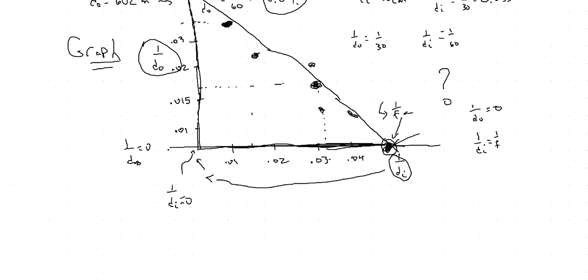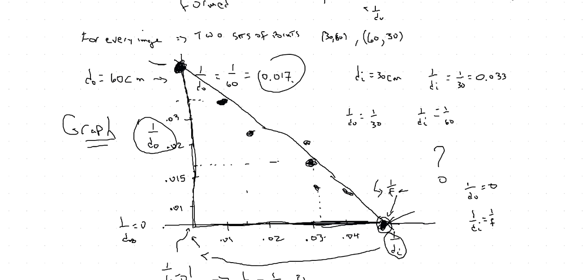And that means then that 1 over do has to be 1 over f, from the lens maker's equation. So on the top, if we can measure where this approximated straight line hits the axis, then this value should also be 1 over f, the focal length, okay? So the two intercepts where this line hits the vertical axis and the horizontal axis should each be the value of 1 over f.